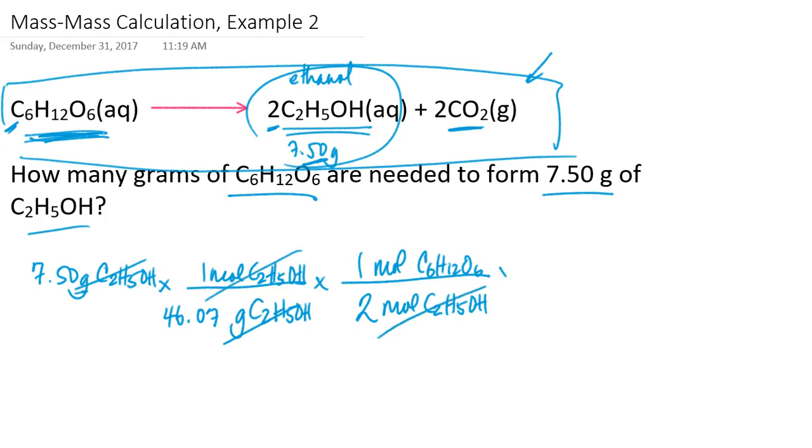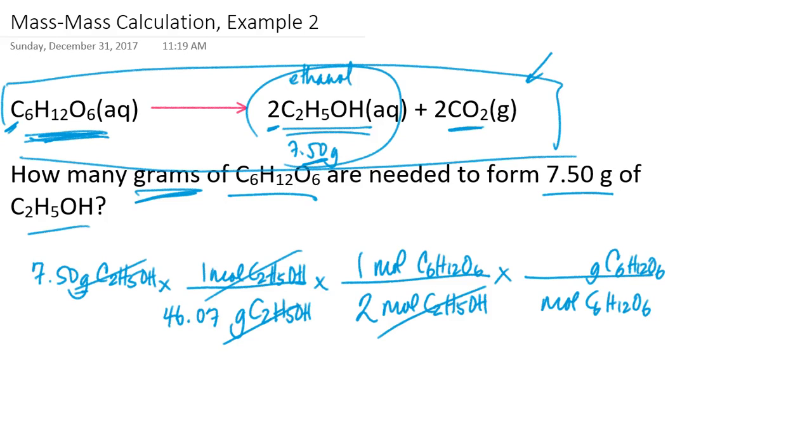So I cancel out the moles of ethanol. I'm currently in moles of glucose, but I was asked for grams of glucose. So I need to convert moles of glucose to grams of glucose, and so that would involve the molar mass of glucose.